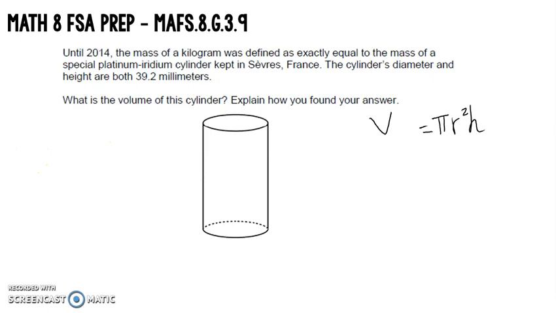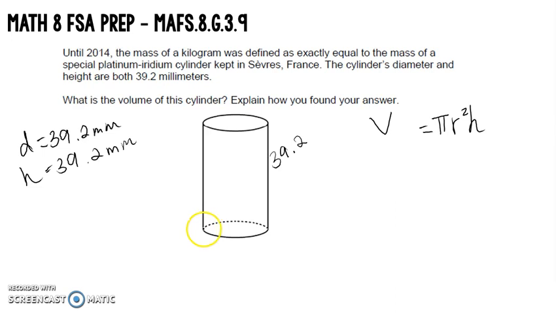So our diameter is 39.2 millimeters, and our height is 39.2 millimeters. So my height is 39.2, my diameter is 39.2, but remember this formula calls for a radius, so half of that is 19.6.